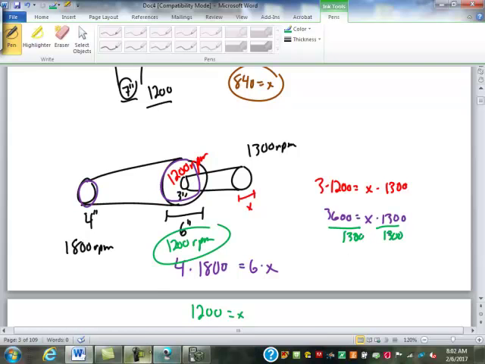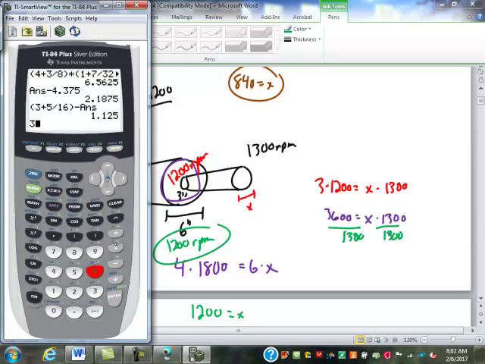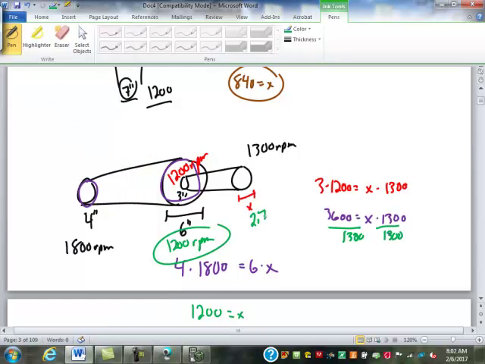So 3600 divided by 1300. 2.769 inches. Is the size of that pulley. Questions?